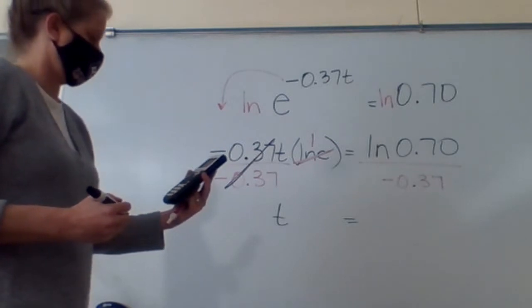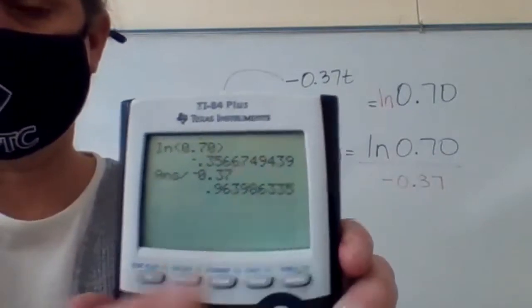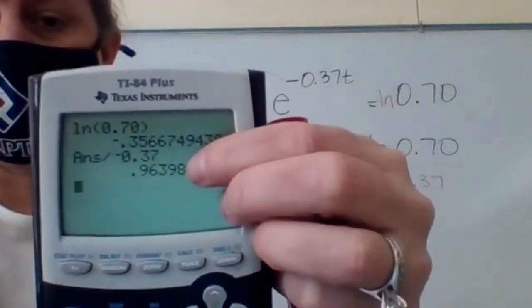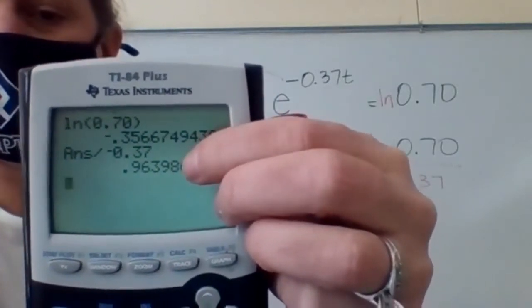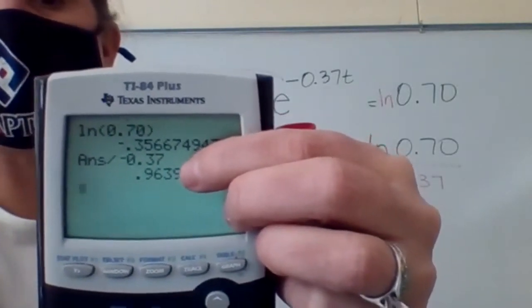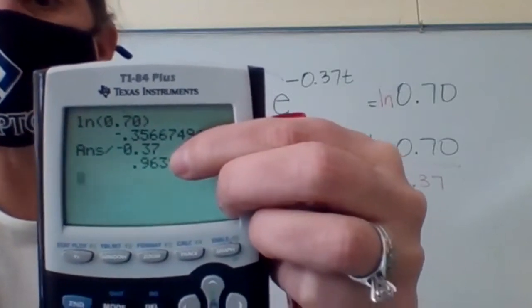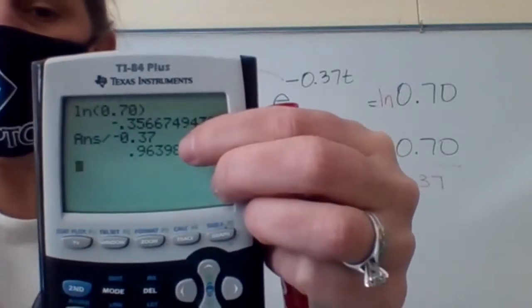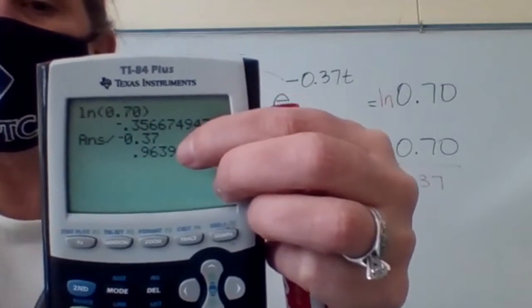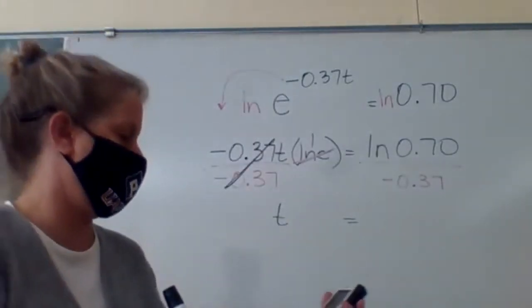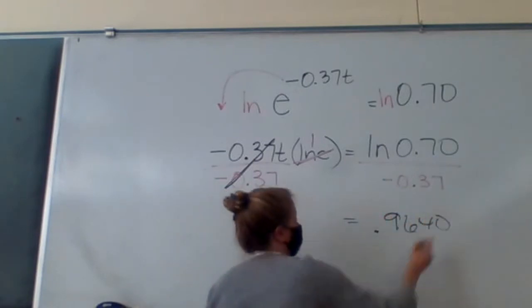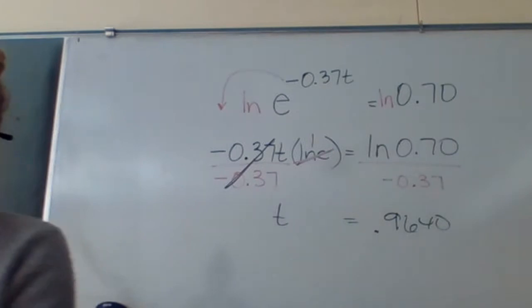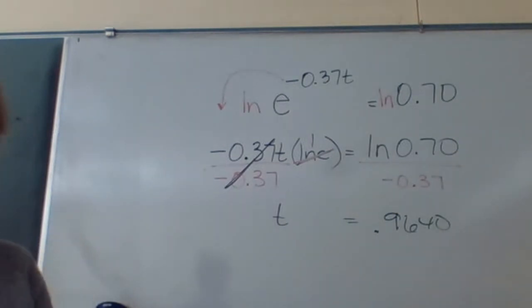So 0.96398. So this 8 is going to round that 9 up to a 10, which rounds that 3 up to a 4, right? So this 8 is essentially rounding that 39 up to a 40. So 0.9640. All right, 25.